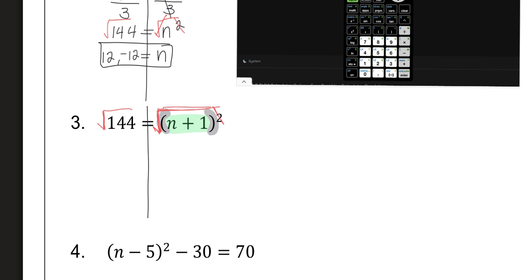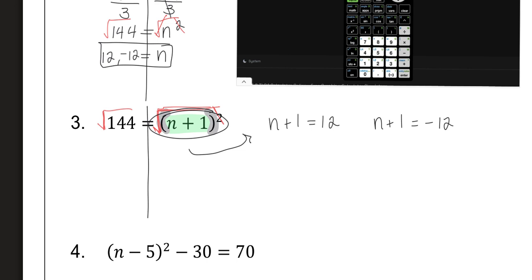And we know the square root of 144 is 12 and negative 12. We just got that from number 2. Because we still have an expression here, we are going to get 2 equations. We're either going to get n plus 1 equals 12, or n plus 1 equals negative 12, okay?